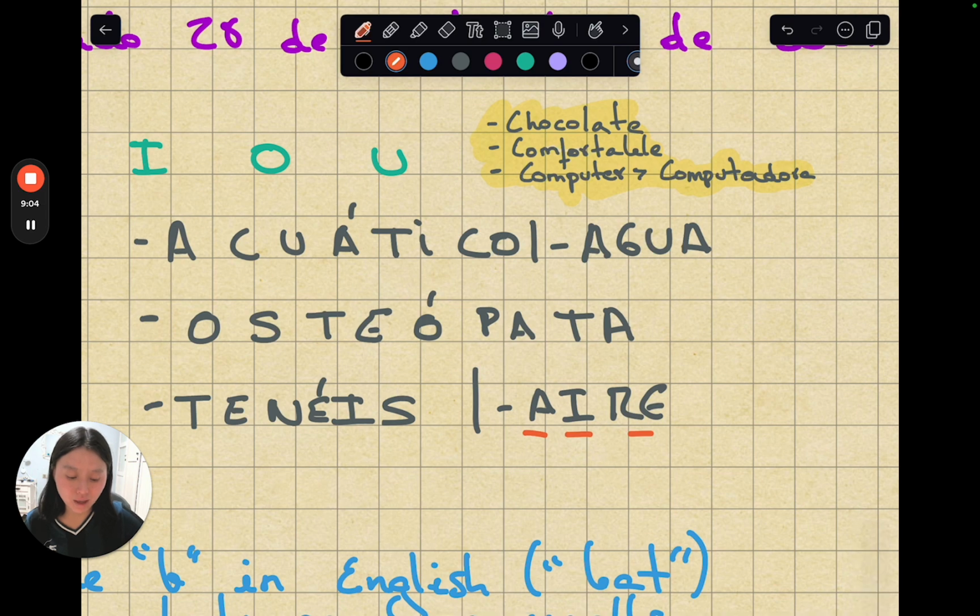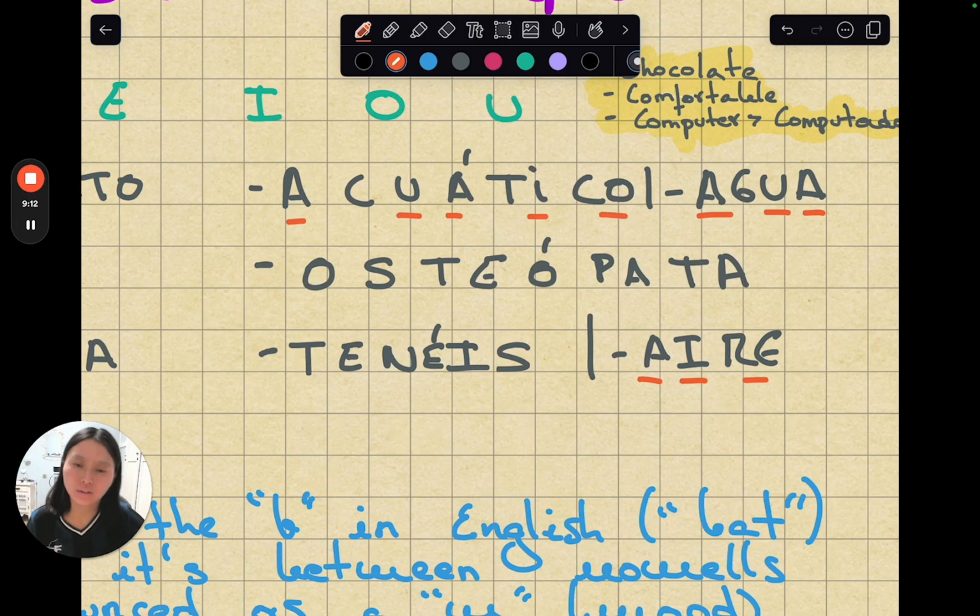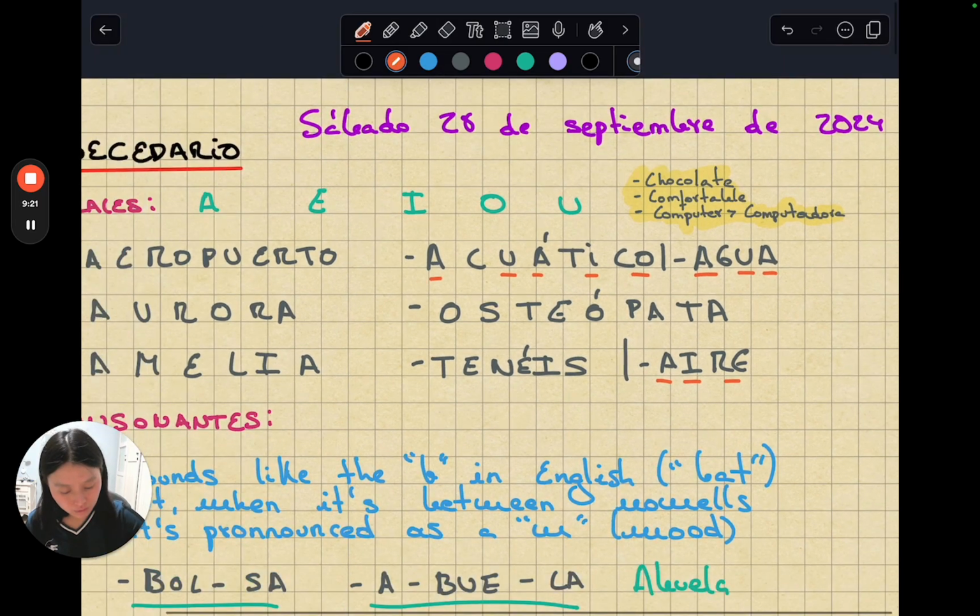Agua. Same thing. A-U-A. Agua. Acuático. Aquatic. A-U-A-I-O. Acuático. Alright? You have to go letter by letter. So that's the vowels. Let's go now to the consonants.